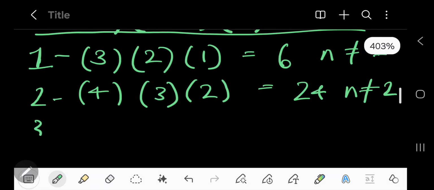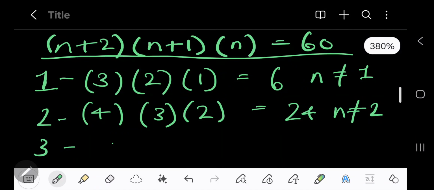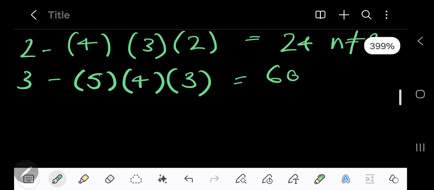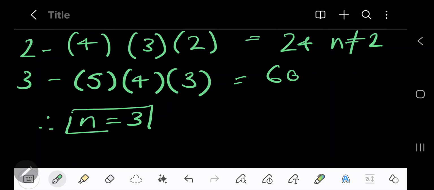Now what if we take 3? That would be 5 times 4 times 3, which is 5 into 4, 20, into 3, 60. So therefore n is equal to 3. Since 60 is a small number, we can use trial and error and get the answer faster compared to using the cubic equation.